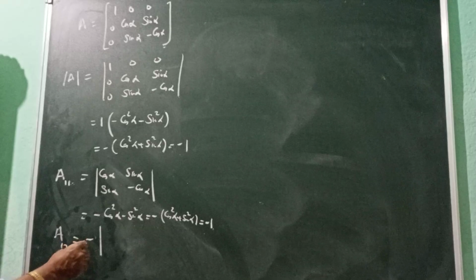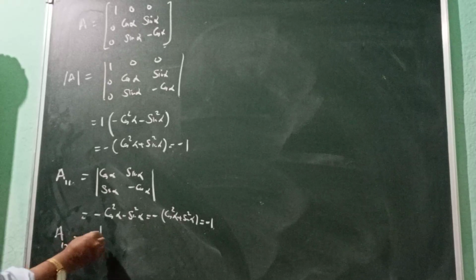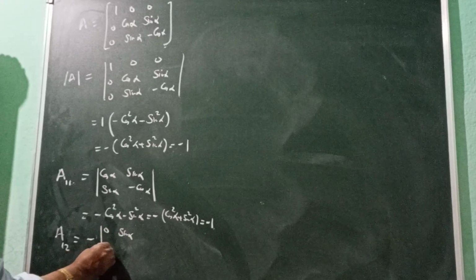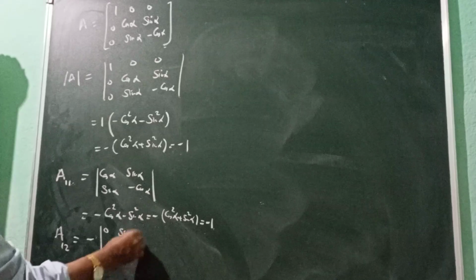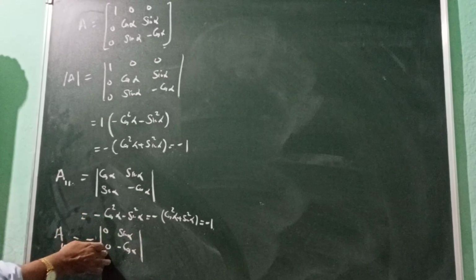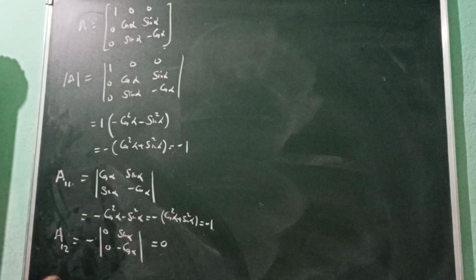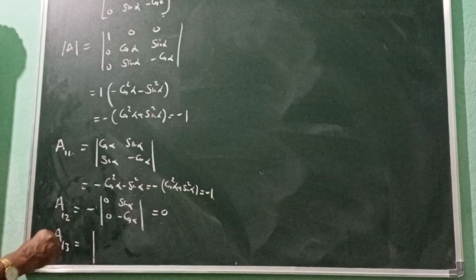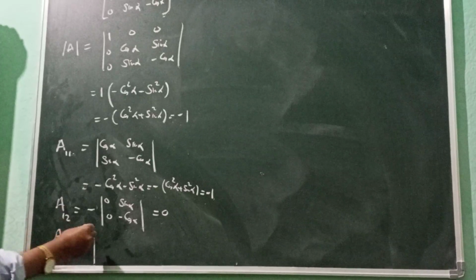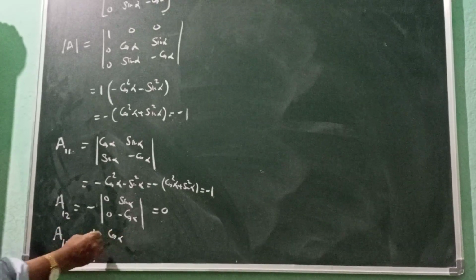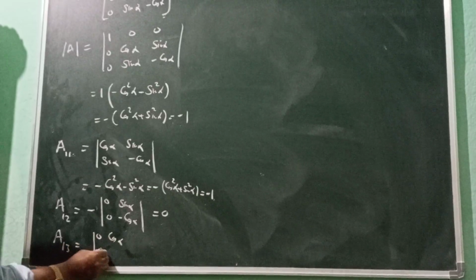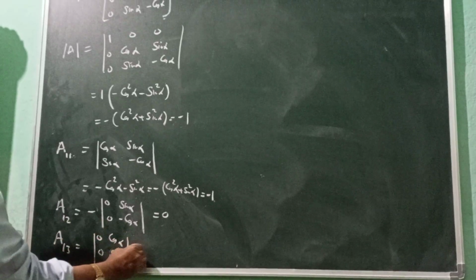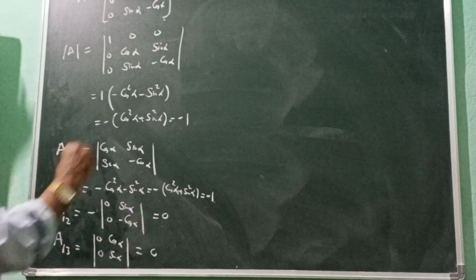Delete the column, delete the row: 0, sin alpha, 0, minus cos alpha. In a determinant, if one complete column is 0, the value will be 0. First row, third column: the sign is positive. Delete the column, delete the row: 0, cos alpha, 0, sin alpha. Again one complete column is 0, so the value will be 0.